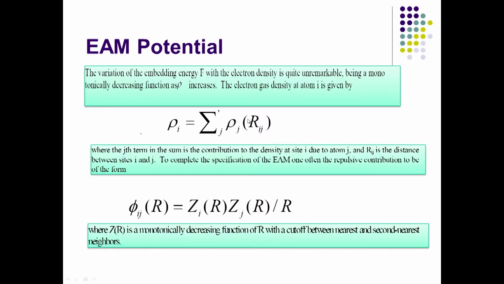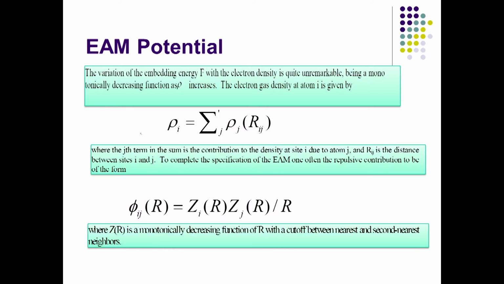So, in this case rho_i is the summation over j of rho_j(R_ij). So, if you look at two atoms here, there is a multiplication by what we call the density function, and it decreases with the distance. So, we have that function very well defined, which is a monotonically decreasing function of charge density.